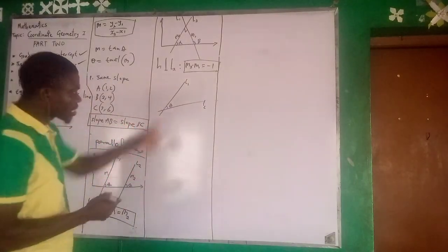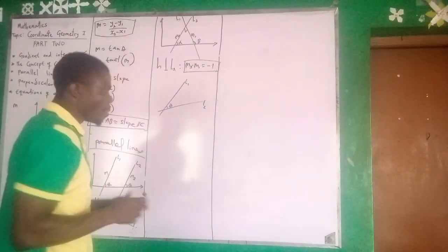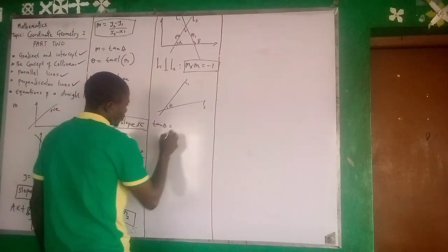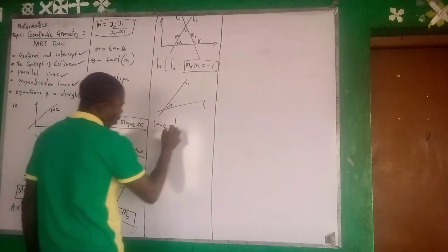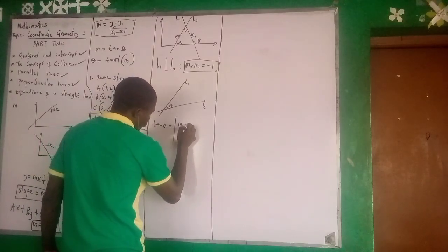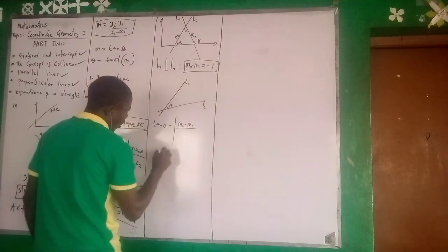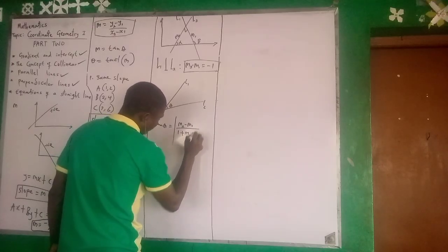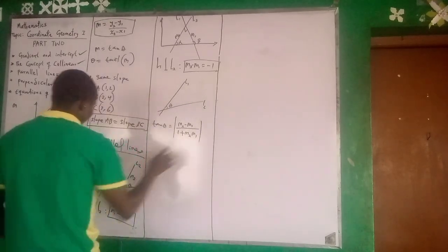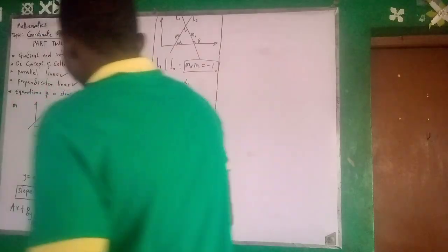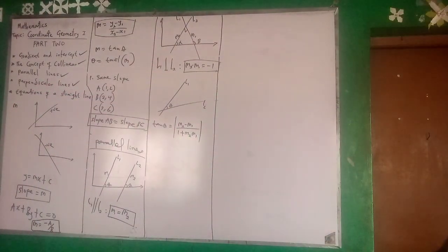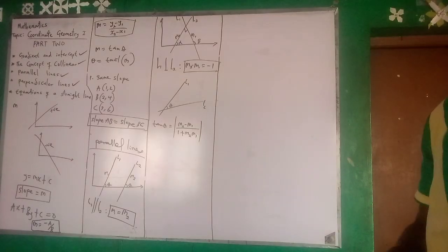In this case, to get tan theta, the formula becomes the absolute value of M2 minus M1 all over 1 plus M2 M1. That is what is expected of you to know.